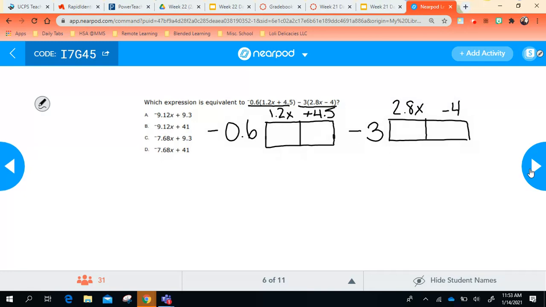So let's go ahead and multiply. Negative 0.6 times 1.2x. What does that give me? Everybody's got a calculator. Use them.